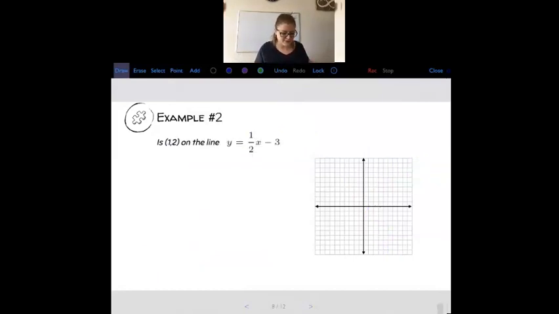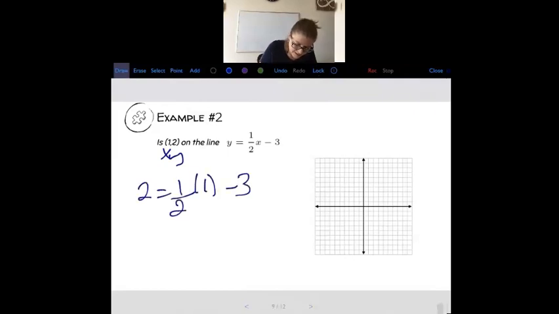Okay, so example number 2 is (1, 2) on the line y equals 1/2 x minus 3. So in this case, again, we're given x and y, and so we plug it in. 2 equal to 1/2 times 1 minus 3. So y went in for y, and x went in for x.